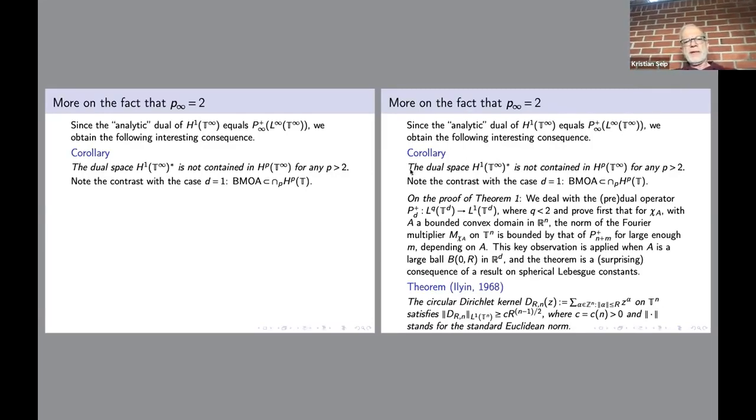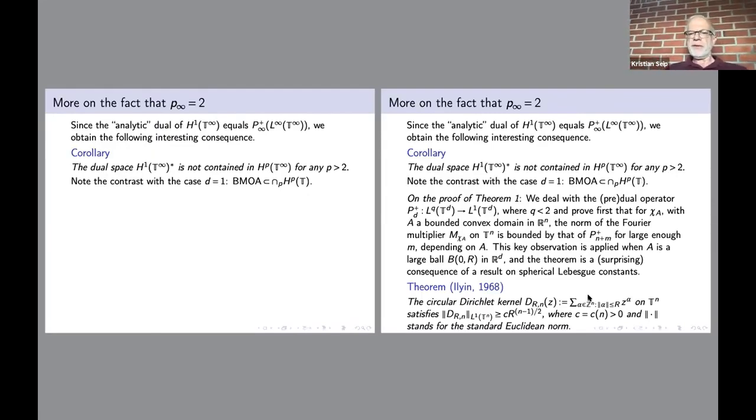But what we see here when you are in infinite dimension is that because of the result that we have to the left, the dual space of H1 of T infinity is not contained in any of the spaces HP of T infinity for any P larger than 2. In one dimension, in contrast, you have that BMO A is contained in the intersection of all these HP spaces.